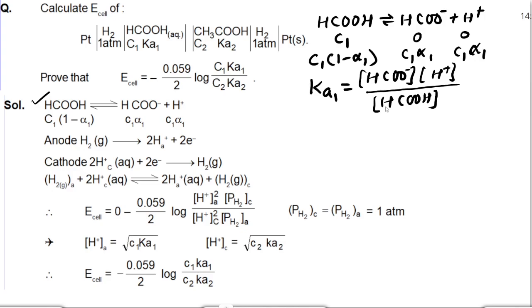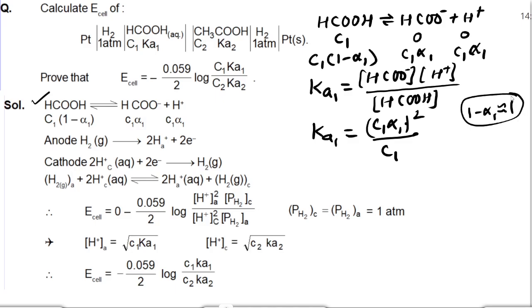So 1 minus alpha 1 or 1 minus alpha 2, both are taken as 1. So Ka1 equals C1 alpha 1 into C1 alpha 1, so C1 alpha 1 square upon C1 only, because 1 minus alpha 1 is taken as 1 since they are weak acids.